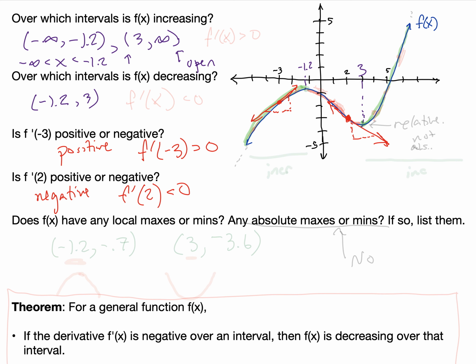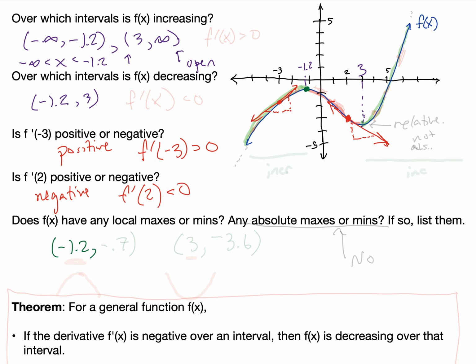Does f of x have any local maxes or mins? Yes, it does look like it has some maxes and mins. So let's see, new color, green. This right here is a local maximum, and that's x equals negative 1.2.